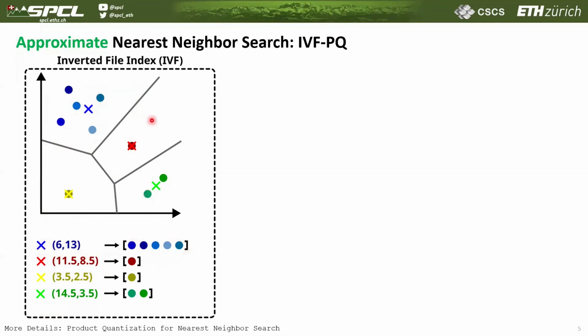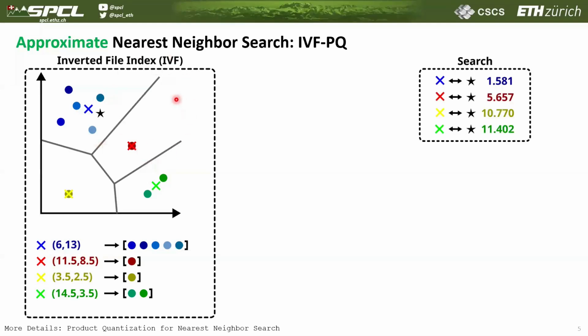If we would only have this IVF part, and we forget about the PQ for a moment, then querying this data structure would work as follows. If we get a query point, here again denoted by the star, we compute the distance between the query point and each of these cluster centroids. We order these clusters by the distance to the query point, and we only analyze the top k of these clusters.